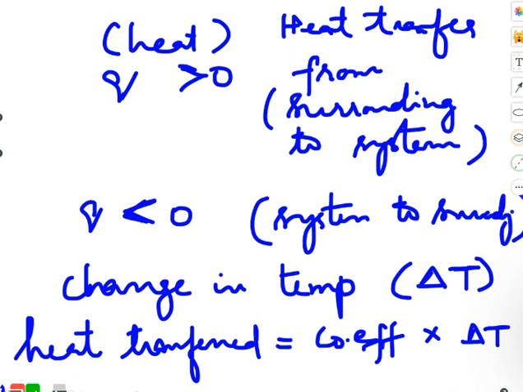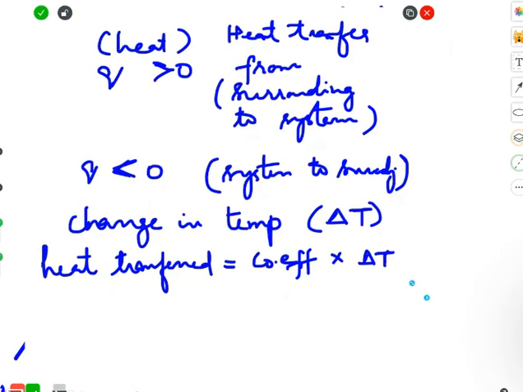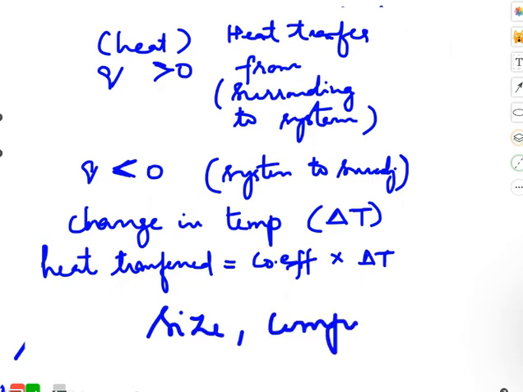So, the coefficient is nothing but a value which is related to the magnitude or the size of the system. Size or composition, that is related to the system.